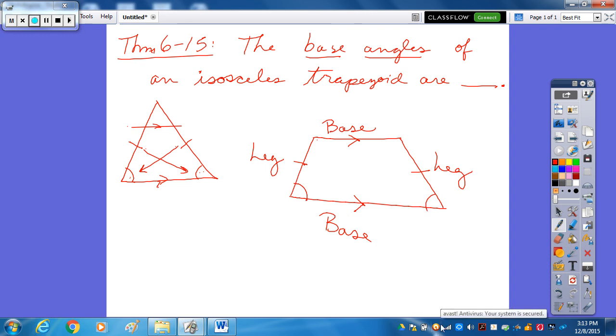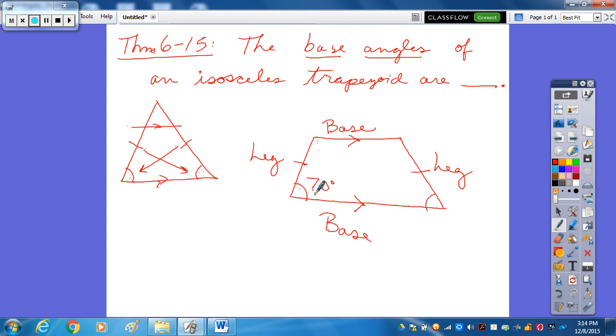Something else I want you to think about for a second: let's assume this is 70 degrees, just pulling a random measurement out of the air. What would the measure of this angle have to be? We've done this enough this year that with parallel lines, the same side interior angles along the same transversal have to be supplementary.